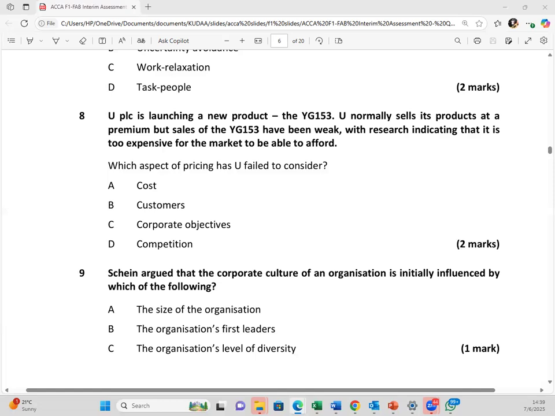Shane argued that corporate culture in an organization is initially influenced by which of the following? So what can affect the culture of an organization? I'm getting a B from Michelle. What influences culture?